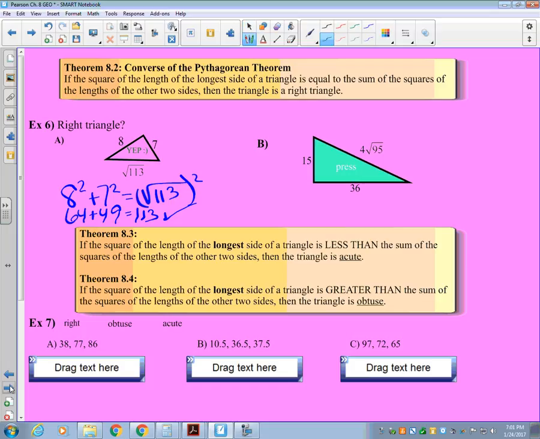The second one, does 15 squared plus 36 squared equal 4 root 95 squared?